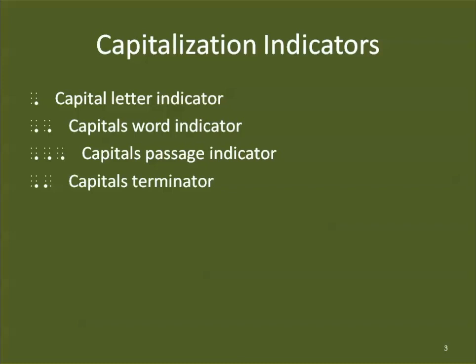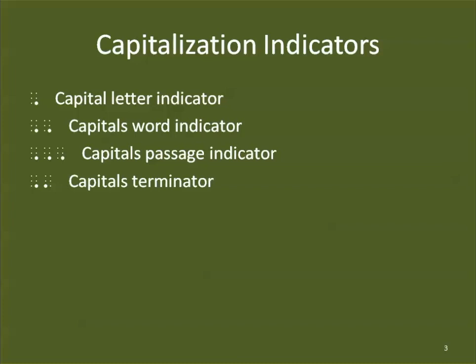And there are certain rules that are different, but it's 2 cells of dot 6. Then we have something new called the capitals passage indicator, and that is 3 cells of dot 6. Remember, a passage is 3 symbol sequences or more. And in order to terminate that passage, we have the capitals terminator, and it's dot 6 and dot 3.